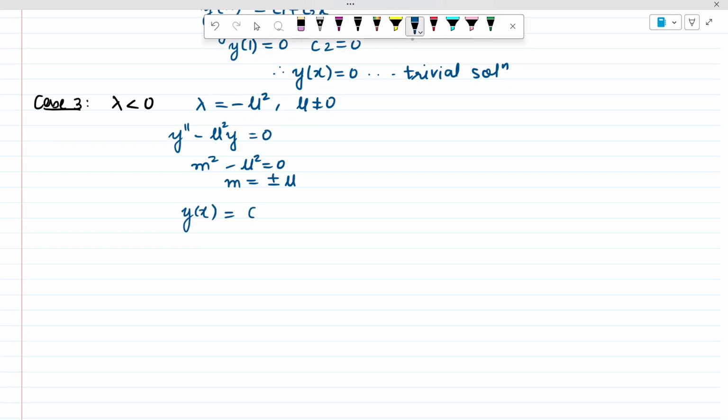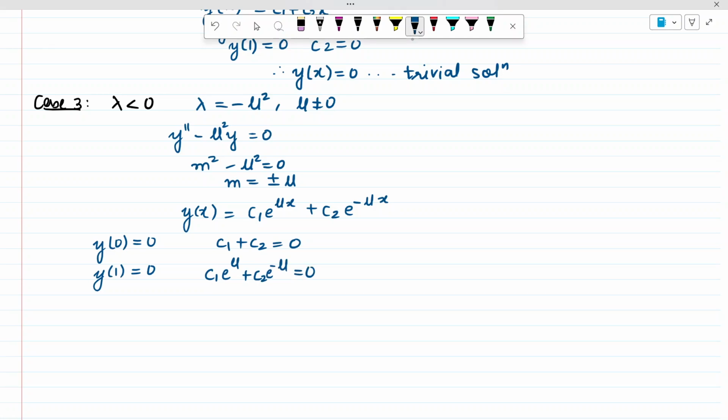So c1 e raised to nu x, c2 e raised to negative nu x. Y of 0 is 0. So this means c1 plus c2 is 0. And y of 1 is 0 implies c1 e raised to nu plus c2 e raised to negative nu is 0. Let's take the determinant directly now.